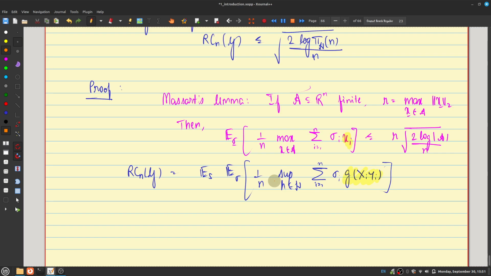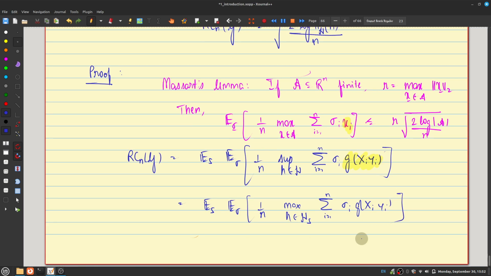Exactly. So effectively, for a given S, this maximization is not really over all of H. It's over the restriction of H to S, right? So this is equal to the expectation over S, expectation over sigma of 1 over n times the supremum or maximum over all h in the restriction of H to S of the summation i equal to 1 to n of sigma_i g of x_i y_i.